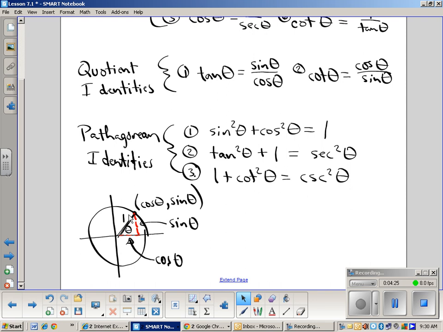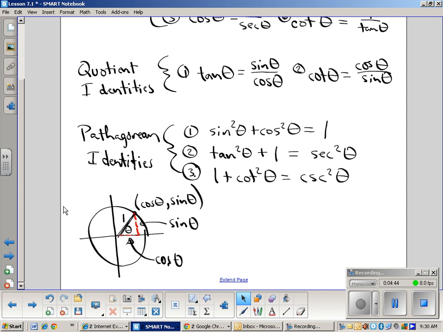And so if you look at this picture as x and y, then x squared plus y squared would equal 1 squared. We're on the unit circle. And so that means cosine squared plus sine squared is equal to 1. So that's where that comes from.